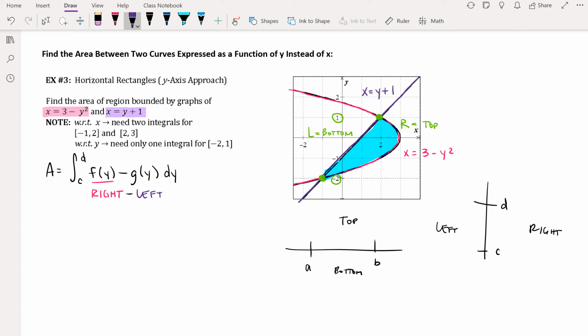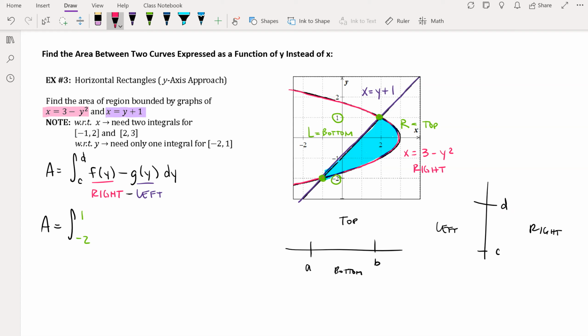All right. So now let's actually do this problem. We're going to do A equals the integral from, and then instead of a and b, we're going from y to y. So the bottom y, -2, to the top y, where they intersect, 1. So -2 to 1. And then we're going to do the right function. My right function this time is my pink function.